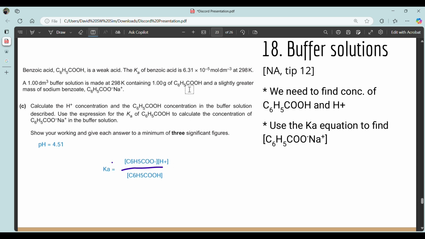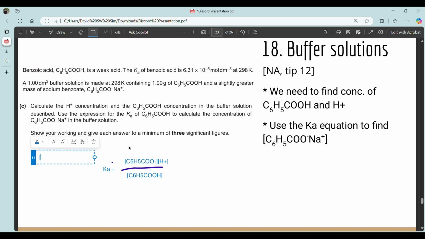So we know the concentration of C6H5COOH because they already gave us the mass. So we just have to calculate number of moles and divide it by the volume. We also know the concentration H+ because they gave us the pH. So we can use that and the Ka to find C6H5COO-.